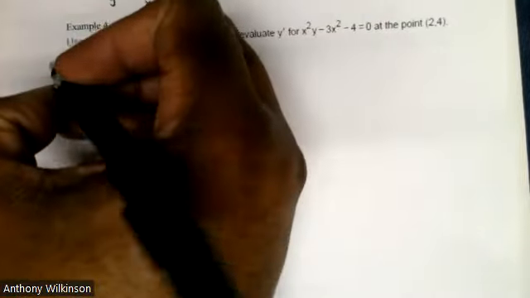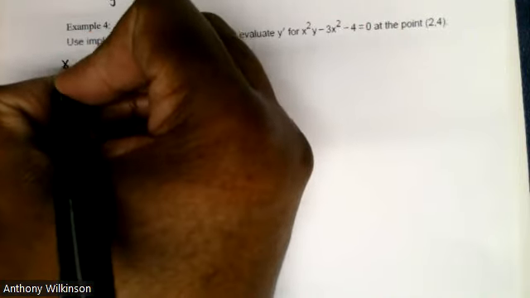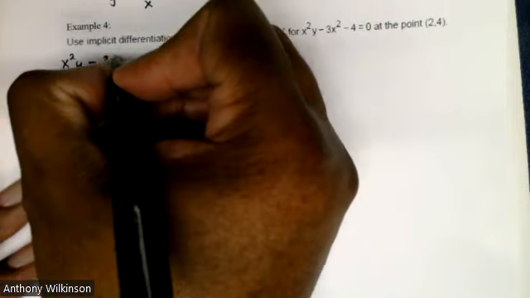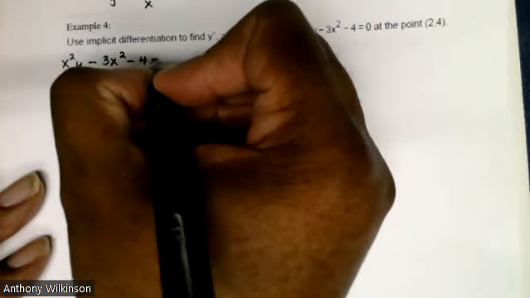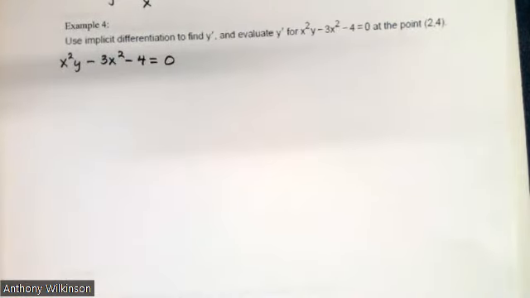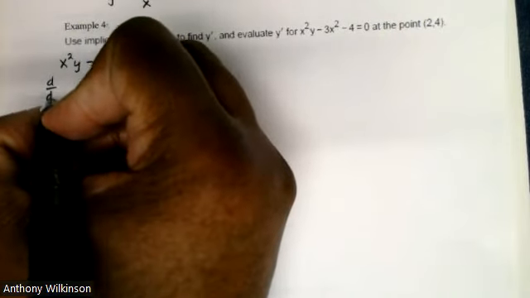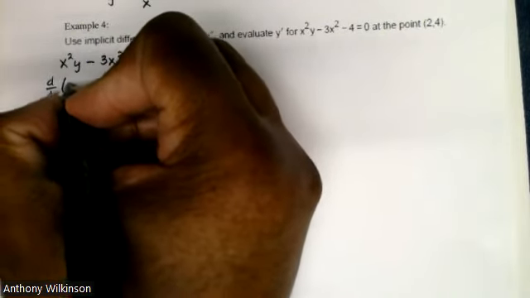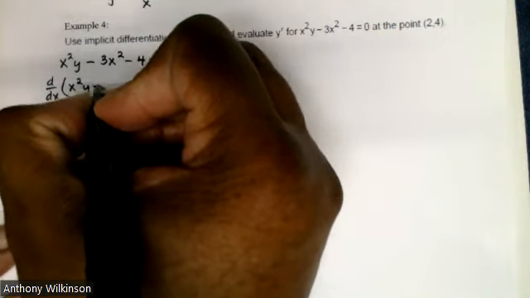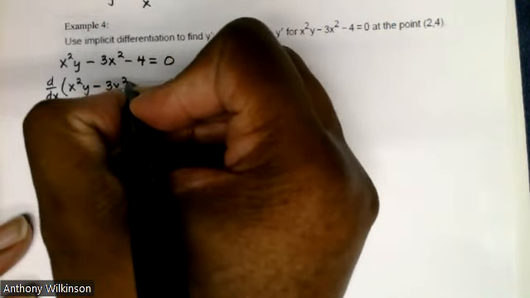All right, so let me go ahead and write the equation down. x squared y minus 3x squared minus 4 equal to 0. So here we're going to use implicit differentiation by taking the derivative of each and every term on each side of this equation with respect to x.